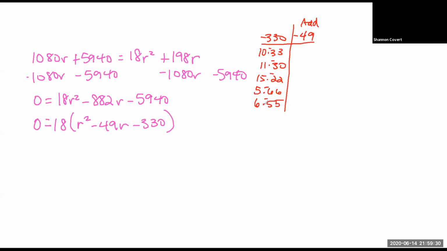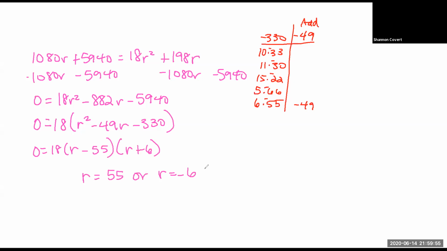Negative 55 plus 6 gives me negative 49. Zero equals 18 times R minus 55 times R plus 6, which means R is either 55 or R is equal to negative 6.